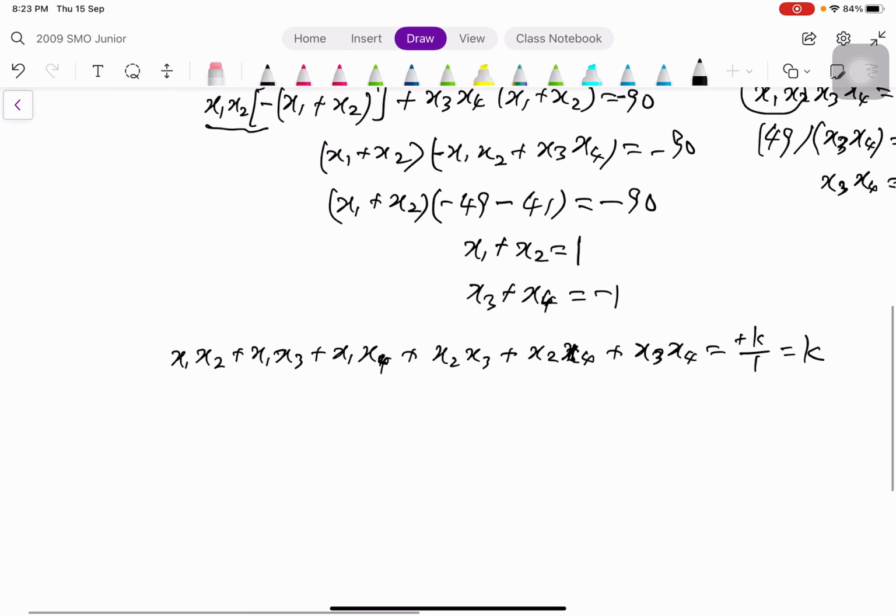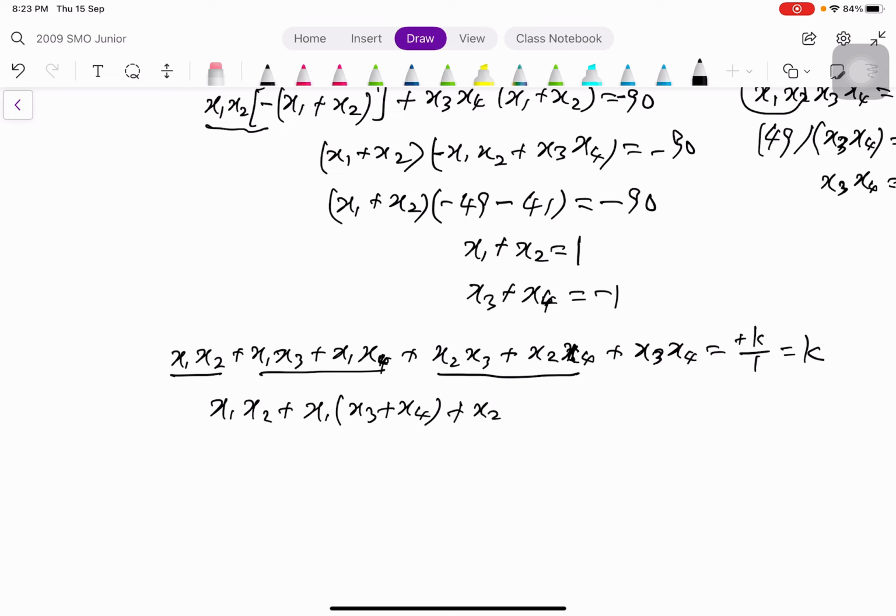Now, can you combine like terms? x1x2 remains, and x1 times (x3 plus x4), and also x2 times (x3 plus x4), and the last one is x3x4, equal to k.